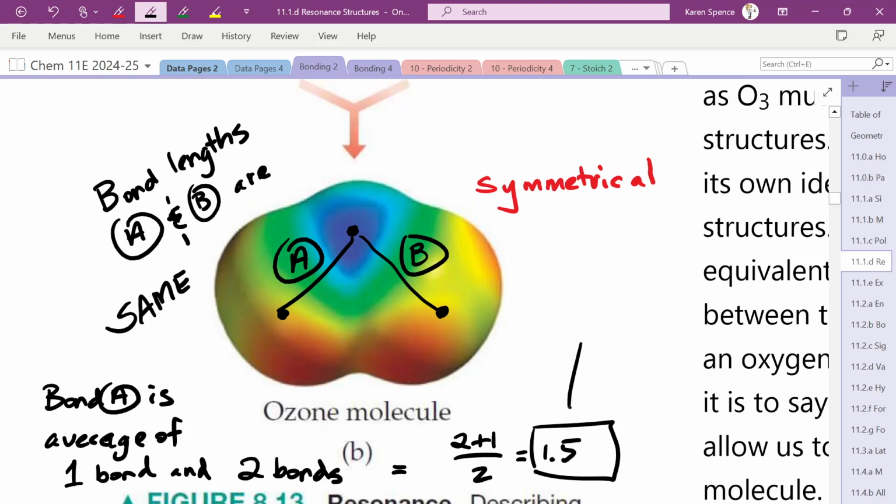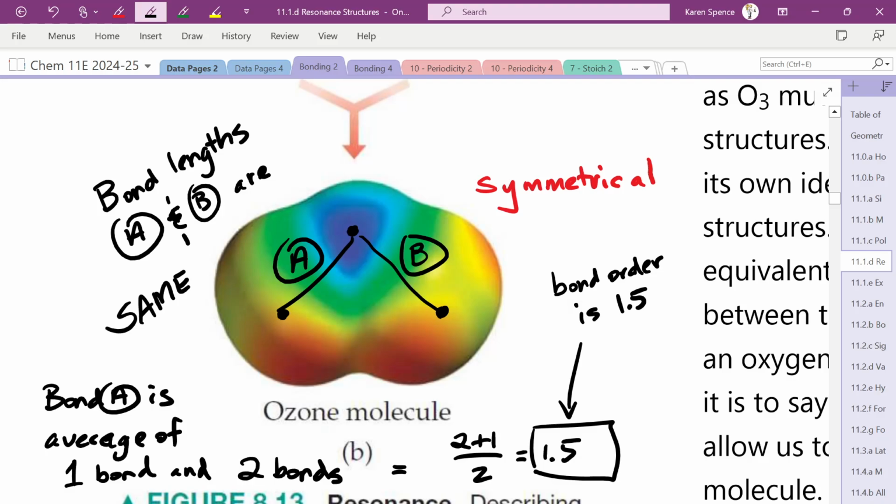Yes? But why do we draw the structures, why don't we just draw the one in between? I would like you to show me how you draw the one in between and show the correct number of lone pairs. Try it. Just draw one line and a dashed line next to it. Okay, hang on. Bond order is 1.5.